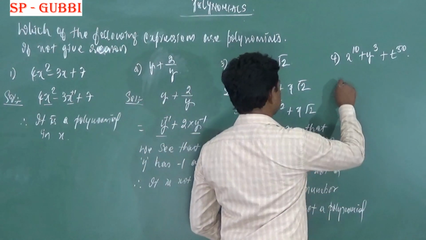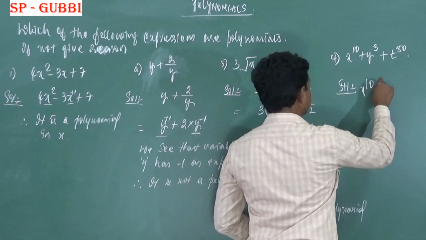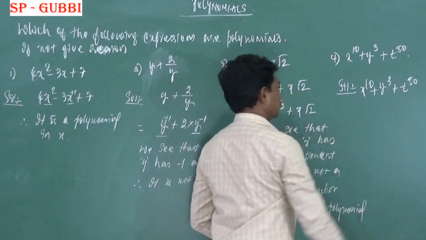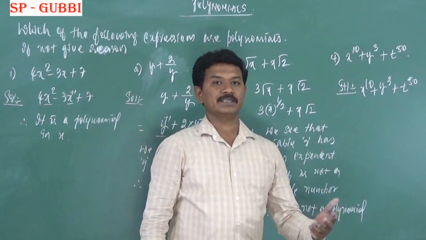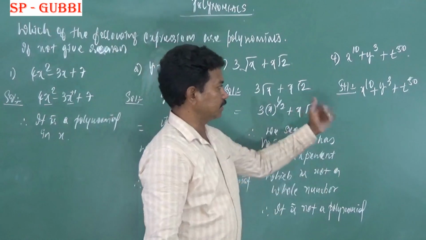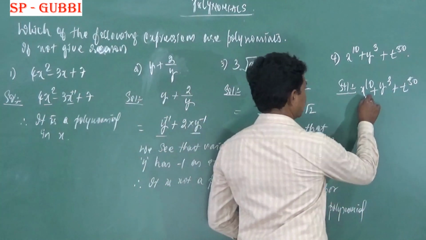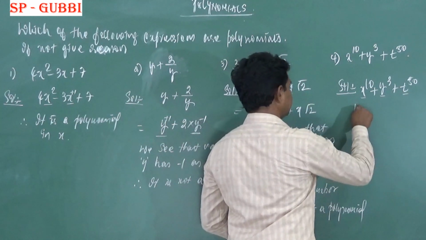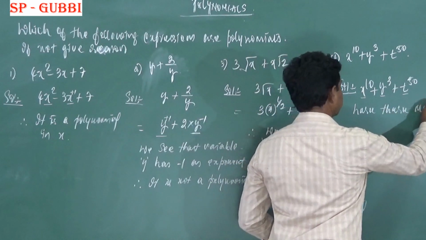So let us go with this one. X to the power 10, that is y to the power 3 plus t to the power 50. So here, as we are dealing with polynomials only with a single variable, we can see that there are three different types of variables involved. One is x, another is y, another is t.